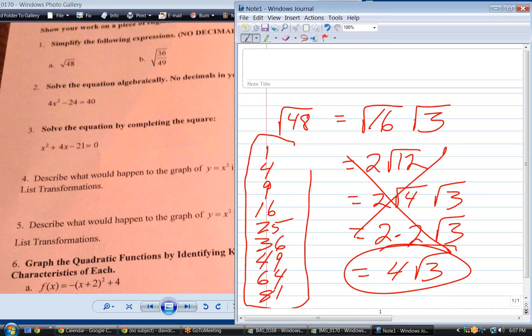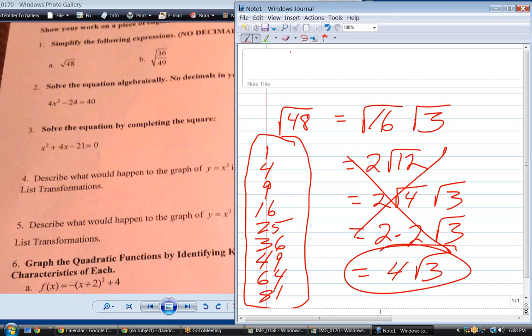That's 1 squared, 2 squared, 3 squared, and so forth. So when you're looking for your factors, these are the numbers you want to look for. In other words, if I was aware of my perfect square numbers, then I would recognize that, yeah, 16 is also a factor of 48. And I would go straight to that.